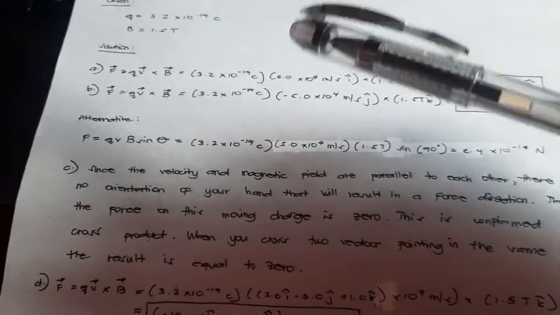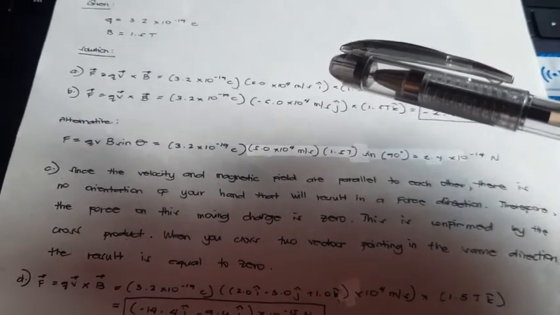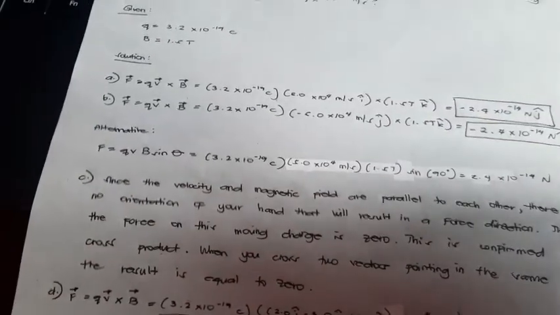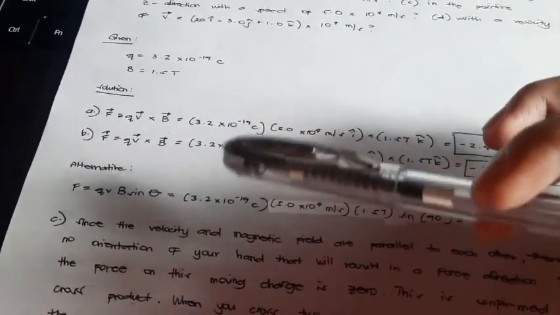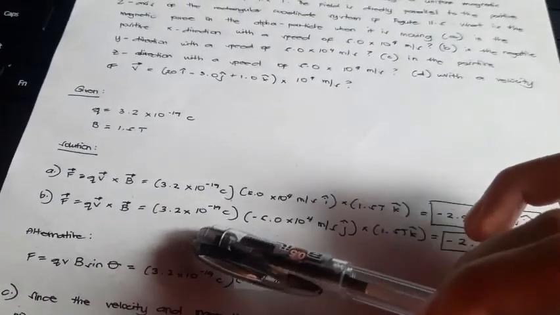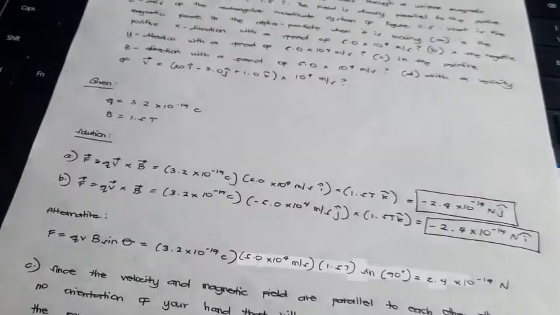So same lang siya po, velocity and magnetic field, and the definition of magnetic force in cross product to calculate. So same lang siya po, ato siya i-distribute ang kuan niya, may given value, in which 3.2 times 10 raised to the negative 19 power C dayon.